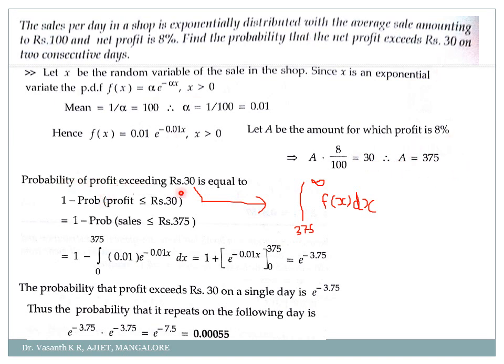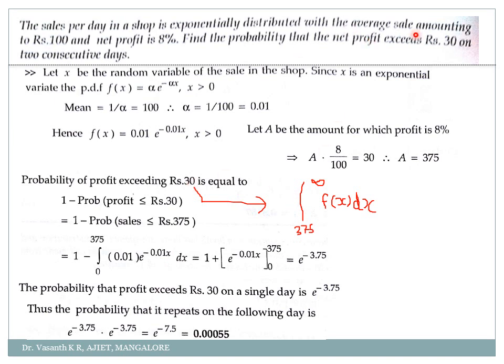So the probability of exceeding 30, see, instead of doing like this, you might have also done from 375 to infinity. Okay, even that possibility is there. How you can do is just my dear students, one second.